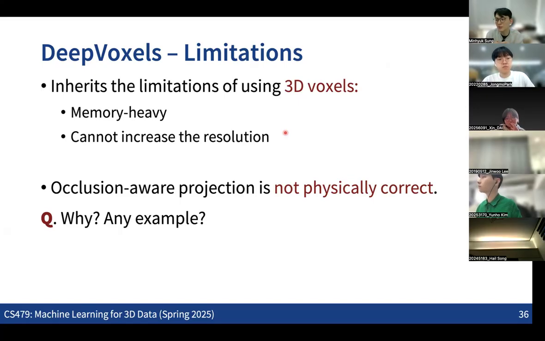The problem is that there can be a case where the point behind another point has higher visibility, but that doesn't make sense, right? If we have some visibility for some point, the point behind it should have lower visibility. It doesn't make sense that the point behind something is more visible than something that can block this point.